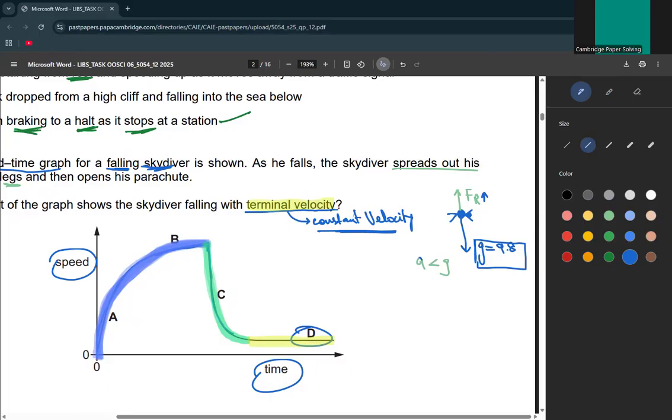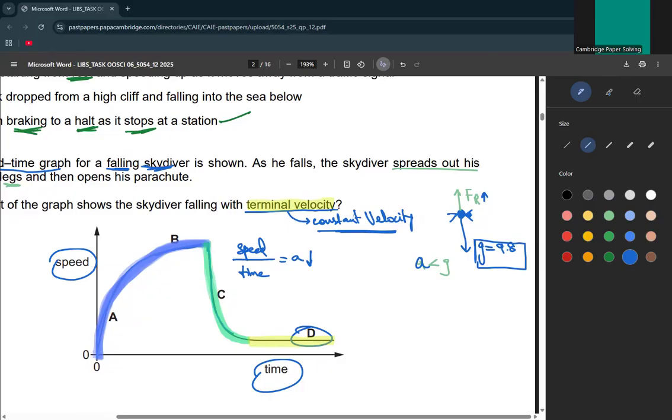That is why the acceleration would decrease. You know that the gradient of a speed time graph gives acceleration. So here in the blue segment, the gradient is decreasing, which means the acceleration is decreasing, because the skydiver spreads out his arms and legs.